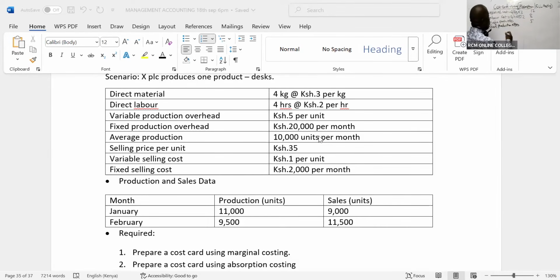So then I will calculate what we call OAR, overhead absorption rate per unit, which will be 20,000 divided by 10,000. You take the total fixed overheads over expected production to make it for 1 unit, which gives us 2.